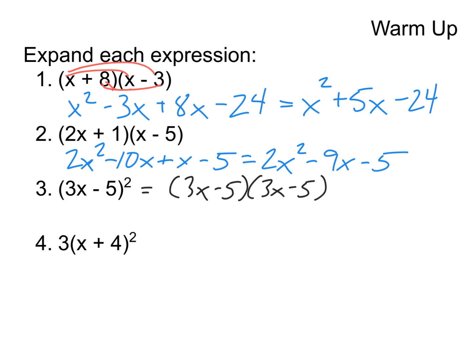Right, then once you've written it out that way, you can go ahead and then multiply them together. After you multiply it out and combine your like terms, you should end up with 9x squared minus 30x plus 25 for number 3.